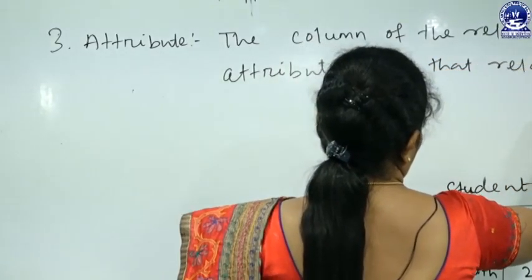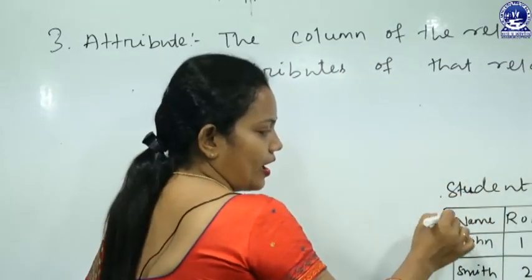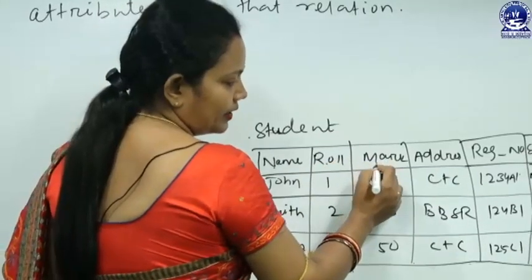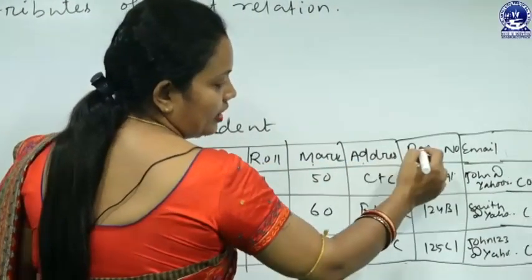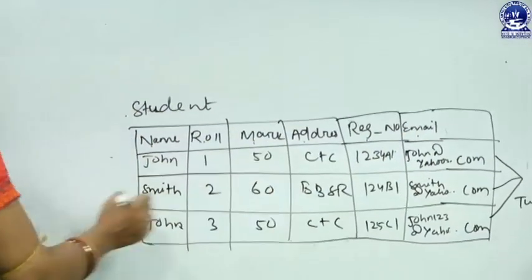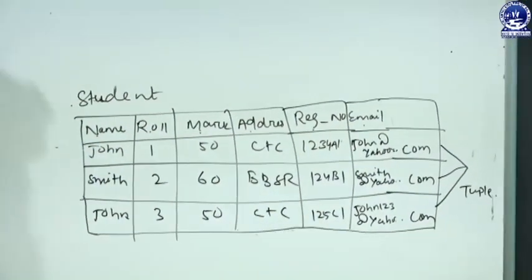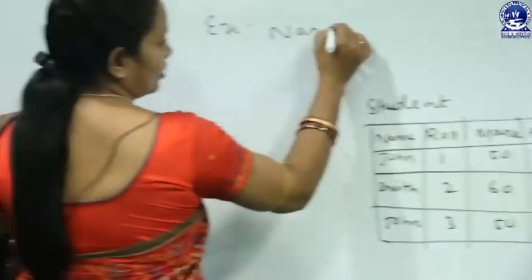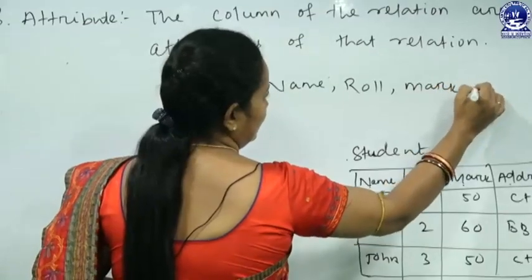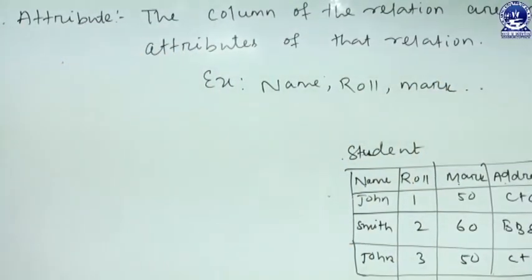In this student relation we have name attribute, roll attribute, mark attribute, address attribute, registration number and email, because these are the columns of the table. So, for example, name, roll, mark, these are the attributes of the relation.